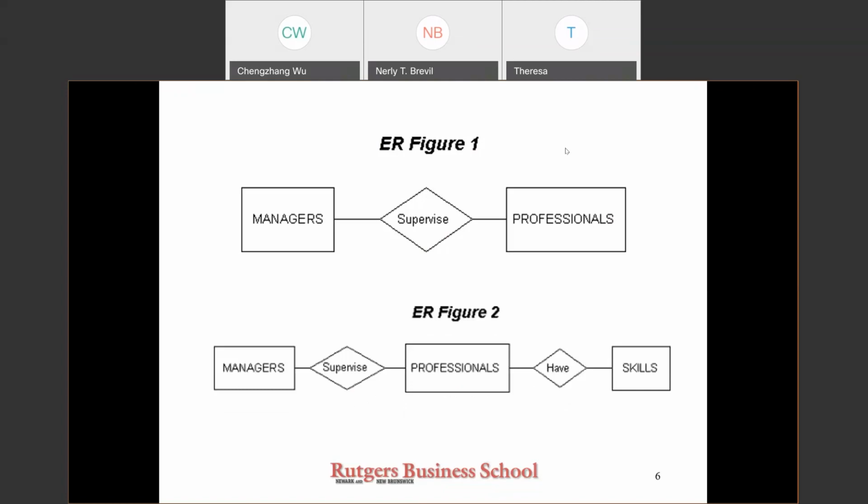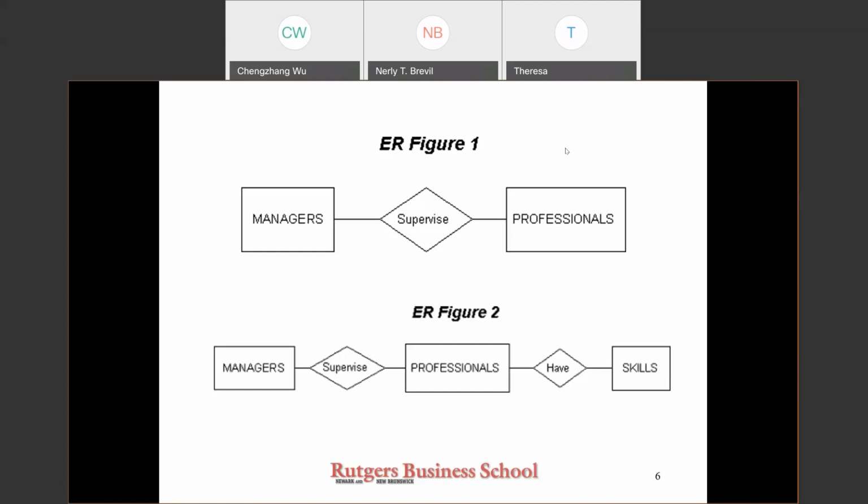And now let's expand this business scenario. Further description of the processes in this accounting firm reveals that professionals have skills, and it is necessary to keep track of which skills a professional has.